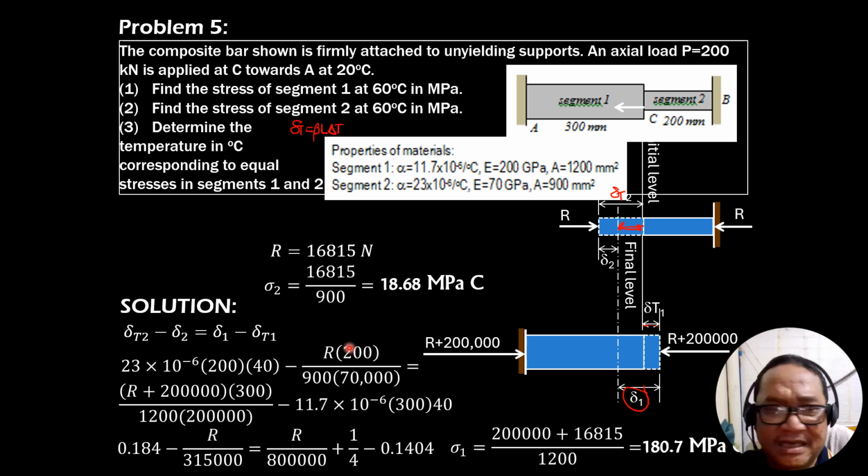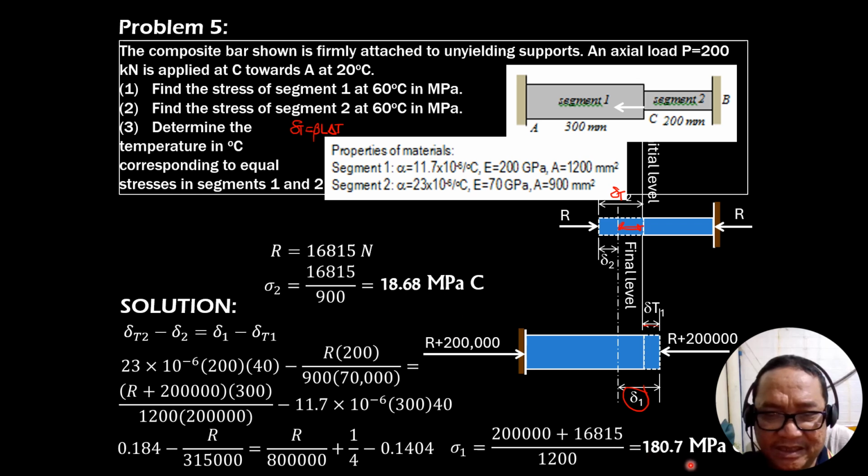Then for the third question, the temperature in degrees Celsius corresponding to equal stresses in segment 1 and 2. Take note that both are in compression, and the stress in segment 1 is a very high compression. Therefore, for the two to be more or less equal, segment 2 will be in tension because it is very close to tension.